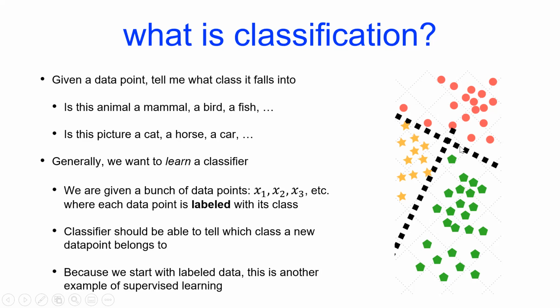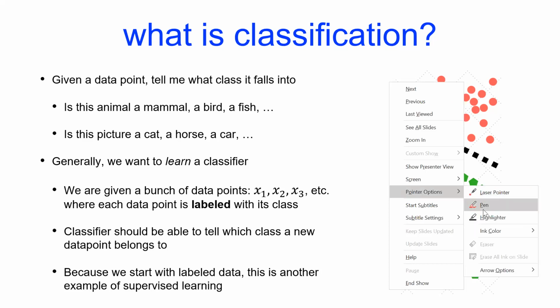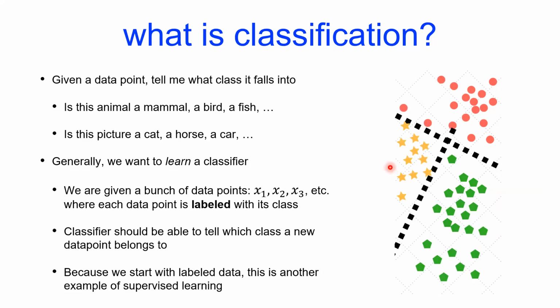If you conclude your knowledge into this type of boundary or decision or classifier, whatever we call it, then when a new data point arrives, based on your previously learned classifier, you are able to infer what it belongs to. Okay, so we have one method we call nearest neighbor, right? If I have a point falling here, then I just use its neighborhood to infer, hey, this is an orange star class. Okay, so that is the basic idea.